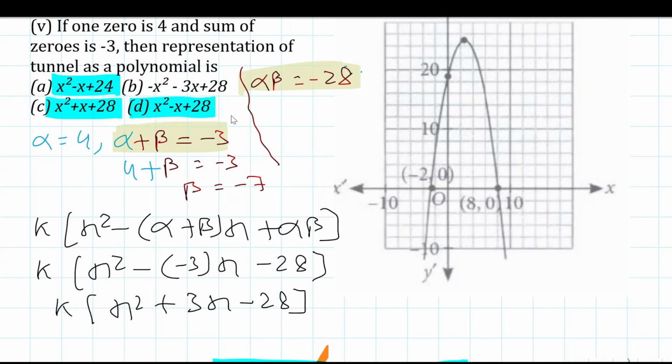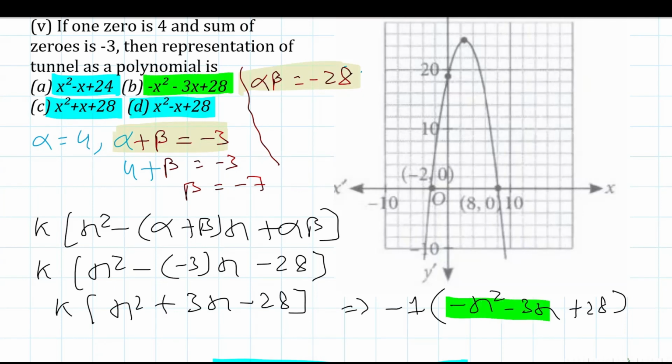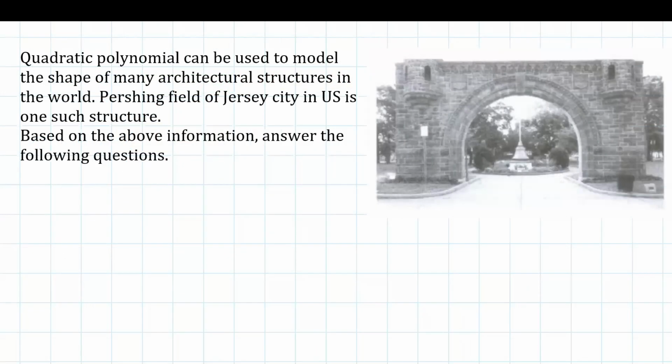Well, in such a case, as I told you, we take minus as common. k can take any value, so if I replace k with minus 1, taking out minus common gives minus x squared, negative 3x and positive 28. Now if I compare, yes, this one is correct. So the correct answer is option B in this case.